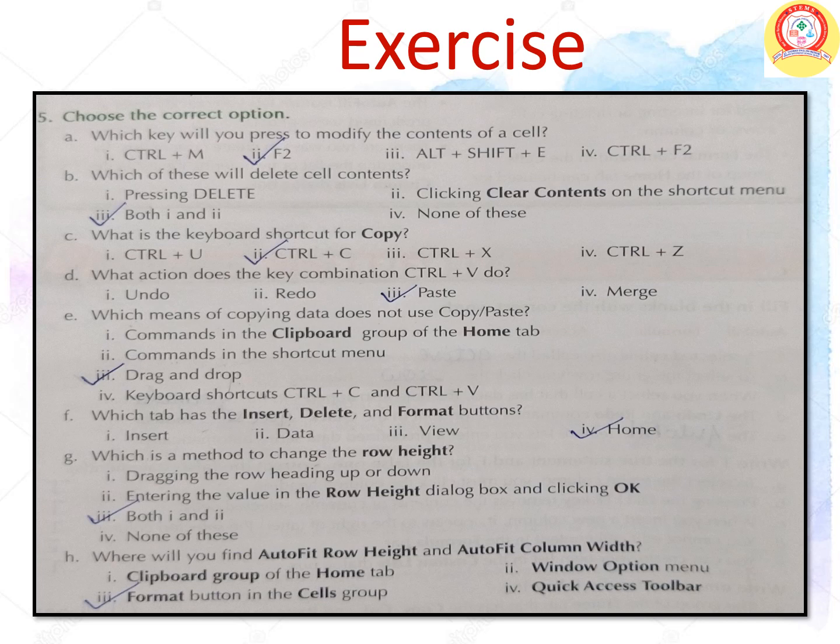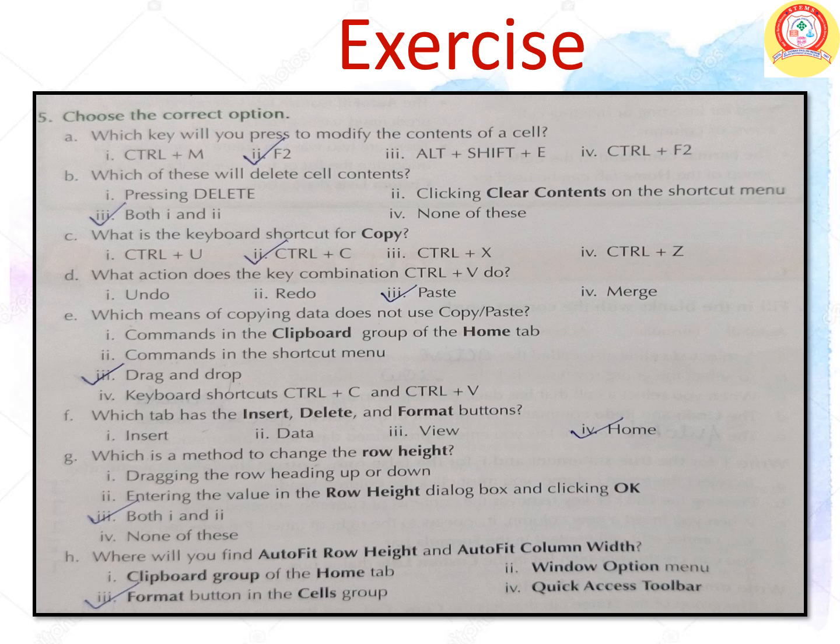Now the B1 is which of these will delete cell content? 1 press delete, 2 clicking clear content of the shortcut menu, 3 both 1 and 2, fourth none of these. So third one both 1 and 2, that is pressing delete, and the second is clicking clear content of the shortcut menu.